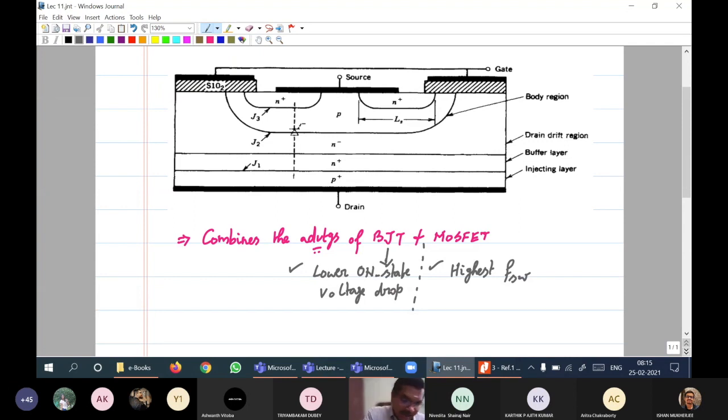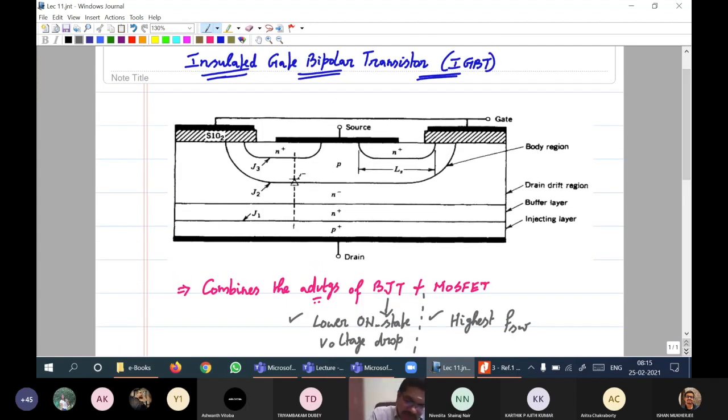Fine, that is the IGBT. Now, if you look into the physical structure of the IGBT, there is the addition of a P plus layer. This is the difference between the power MOSFET and an IGBT. Construction wise, there is a P plus injecting layer.